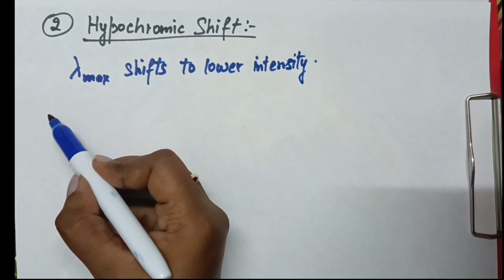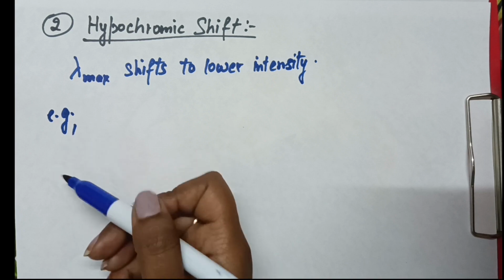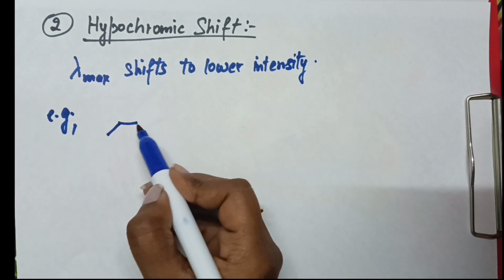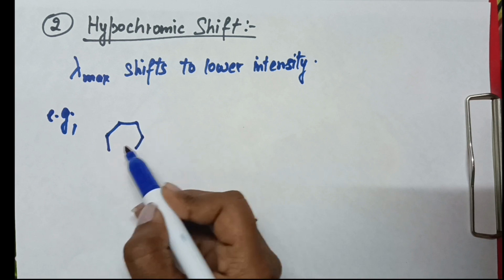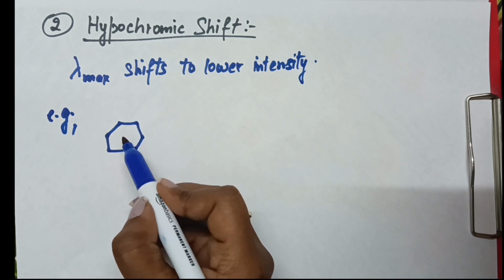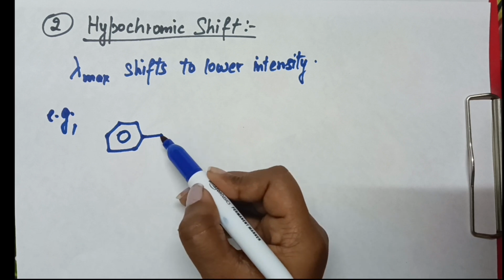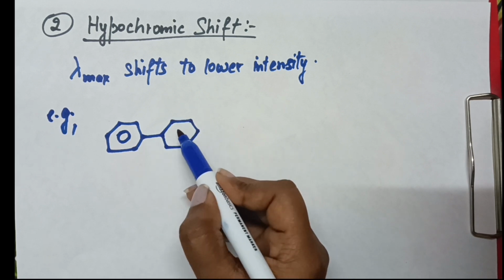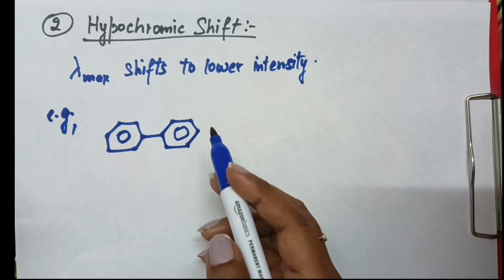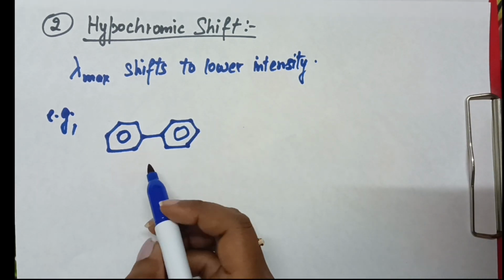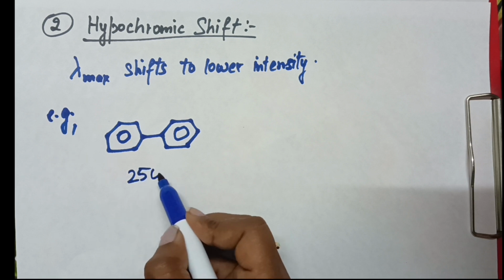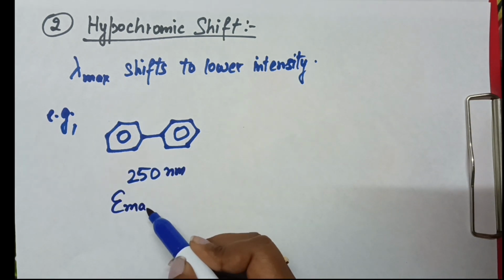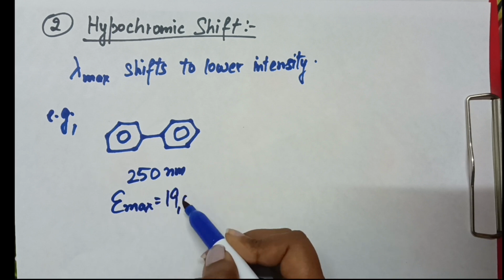Now let's take an example for this. Suppose we have some biphenyl. For this we have lambda max of 250 nanometer and epsilon max of 19,000.